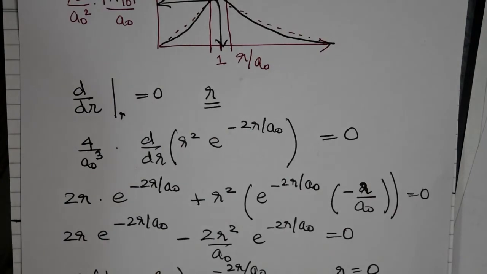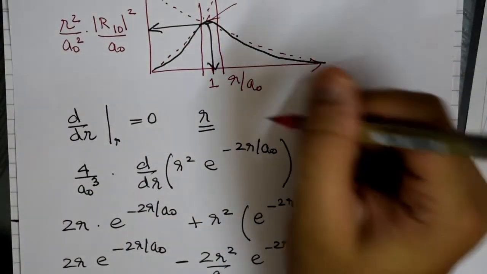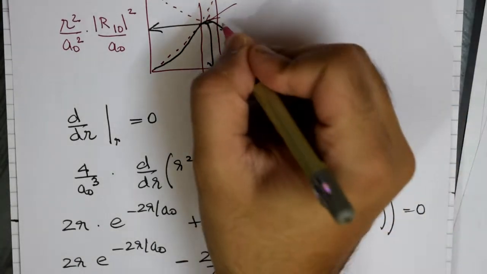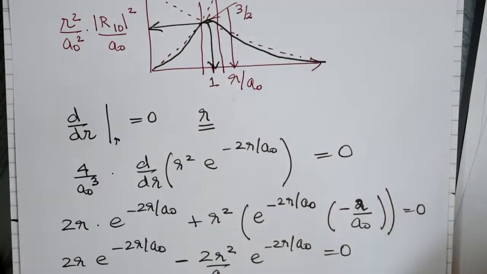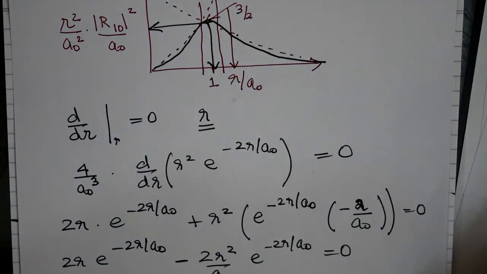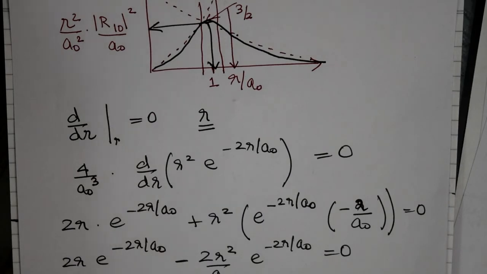Although we see the most probable position of finding is r by a naught at 1, the average will be something which is at 3 by 2 of a naught. So the mean is actually a little higher than the maxima that you find for this function. This is also a very important aspect that we need to understand.